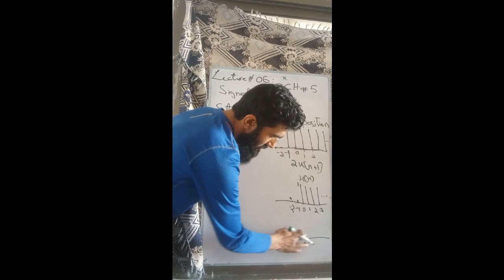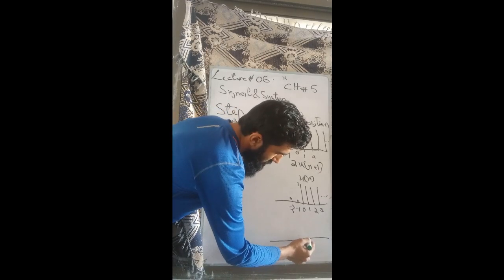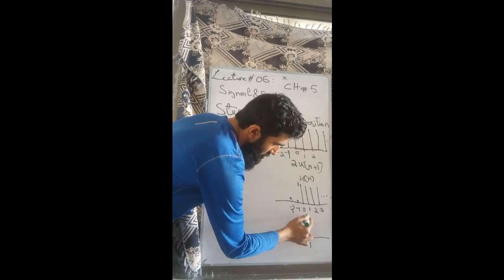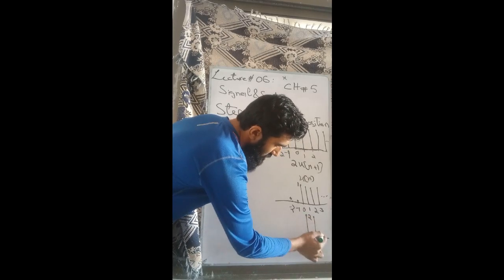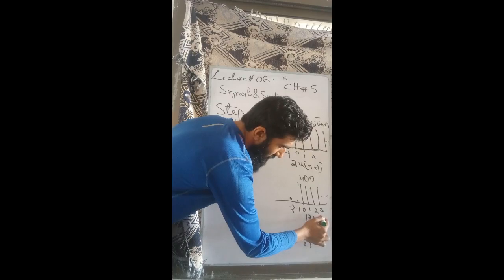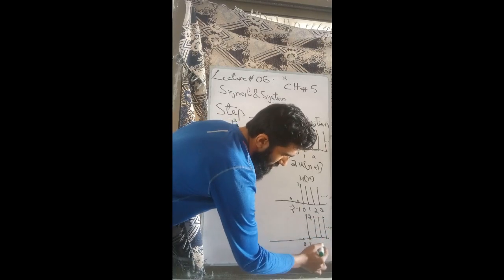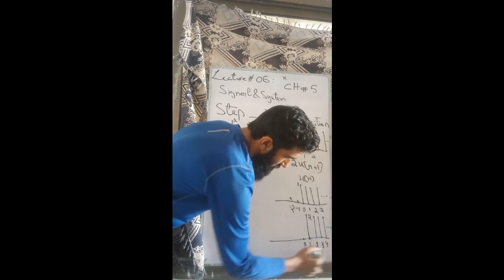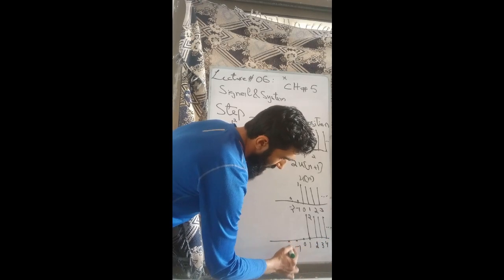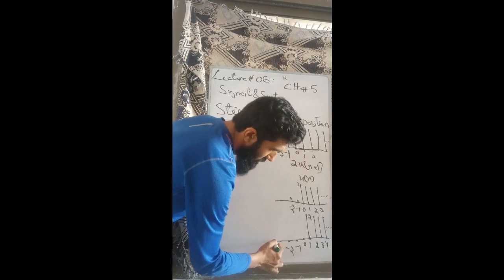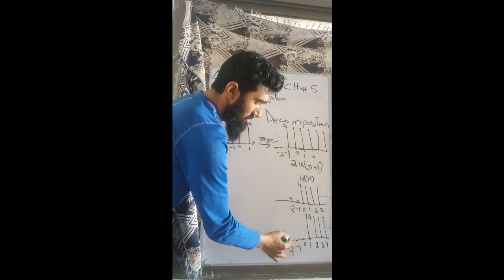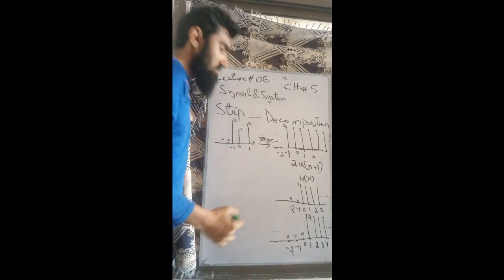We will take this at minus 1, we will take this to 2 and continue this 2 till infinity. This is 2, this is 3, this is 4, and this is continuing. Here it is minus 1, minus 2, and it is continuing till infinity. Here we have 0 values.